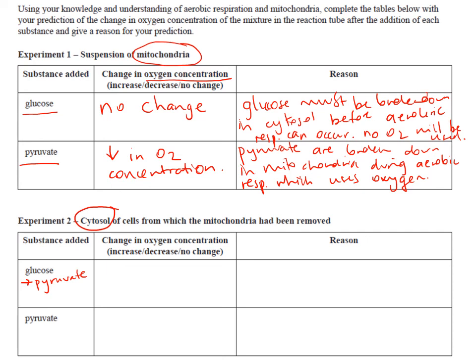So again, there should be no change in the oxygen concentration. And again, with pyruvate, it will remain in the cytosol. Anaerobic respiration will continue, so we might get an increase in other byproducts. So it could be ethanol, it could be carbon dioxide, but we're not going to get any oxygen being used because aerobic respiration cannot occur.